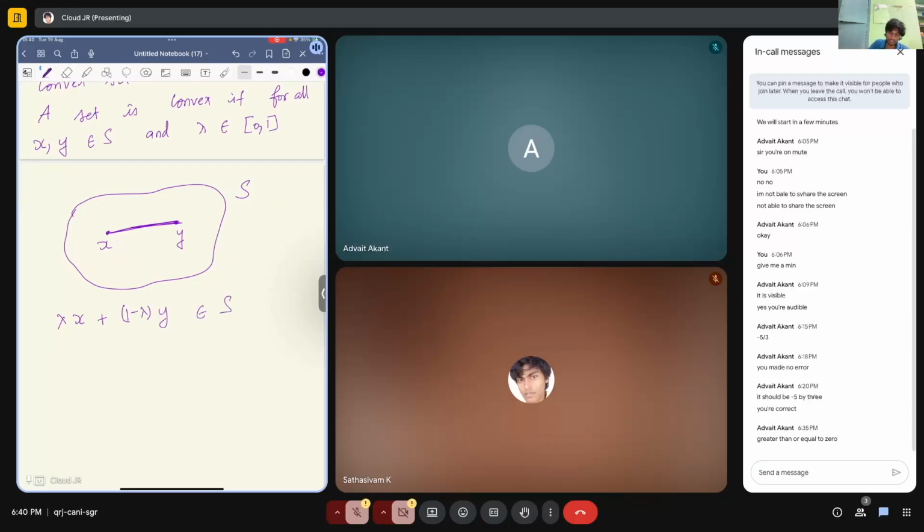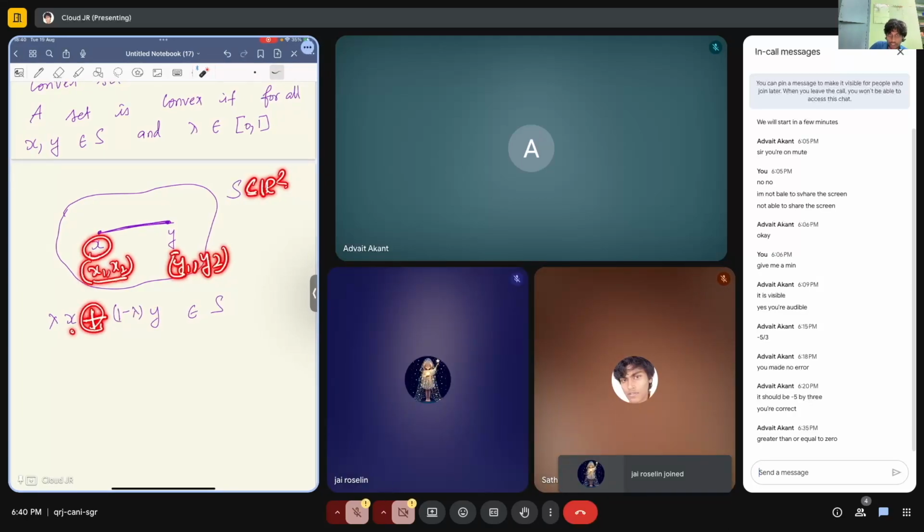Okay. So in general, let's say S is some subset of R2, then this point X looks like X1 comma X2, and this point Y looks like Y1 comma Y2. Whenever I put the sign plus, the addition happens in that particular set.